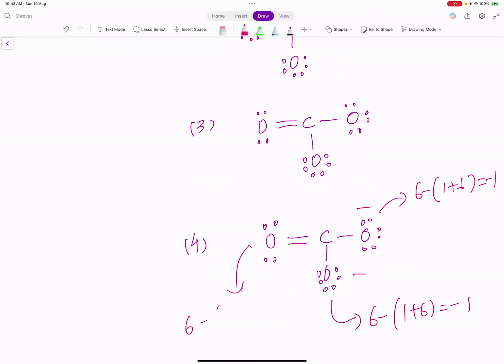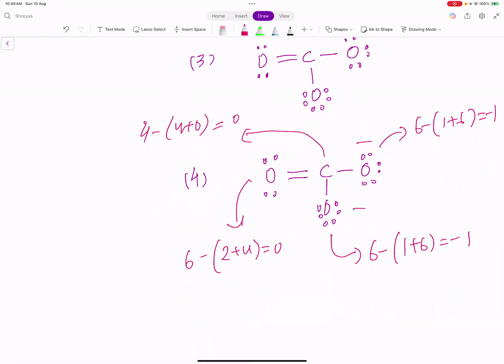And then 2 lines, 4 dots, neutral. We leave it like this. Carbon, 4 valence electrons, 4 lines, 0 dots, 0, nothing here. So overall charge is minus 2.